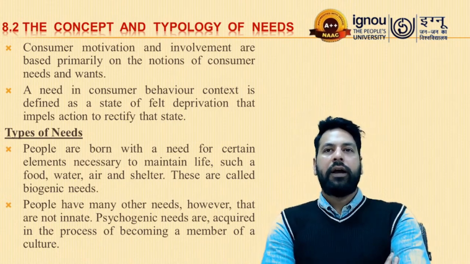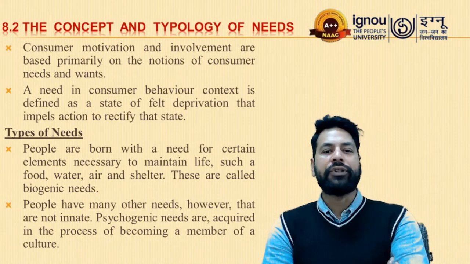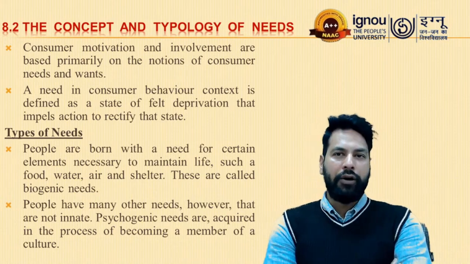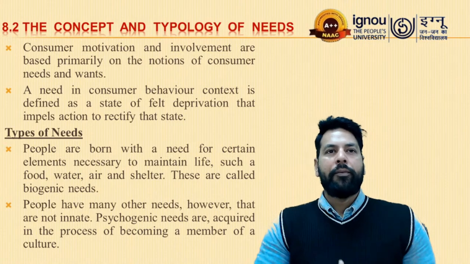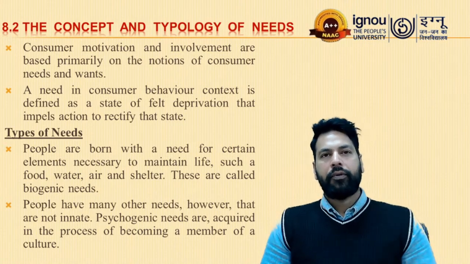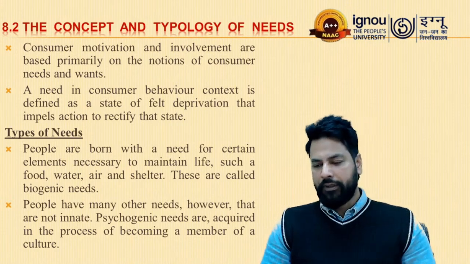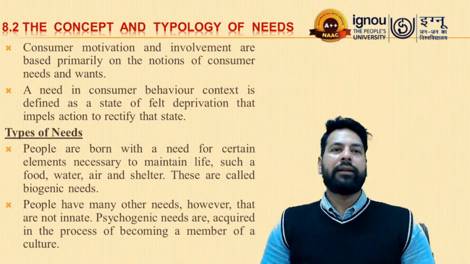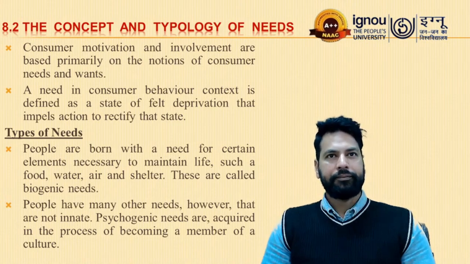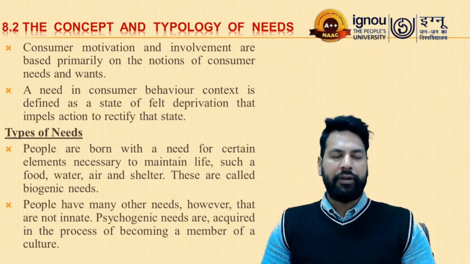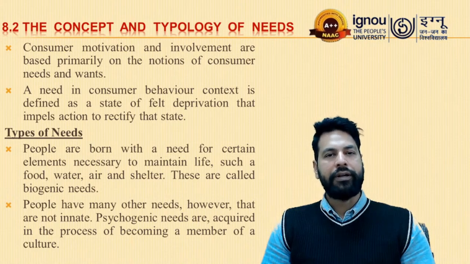And there is another form of need which is known as psychogenic needs, which you acquire while growing up, while in the process of becoming a member of the society and nation. For example, I would like to buy, let's say, a television. Because news are there on television, we have got serials, we have got entertainment, and my neighbor has got this thing.